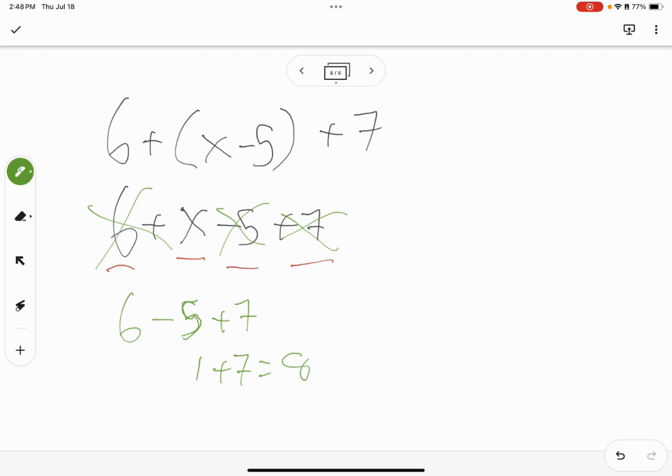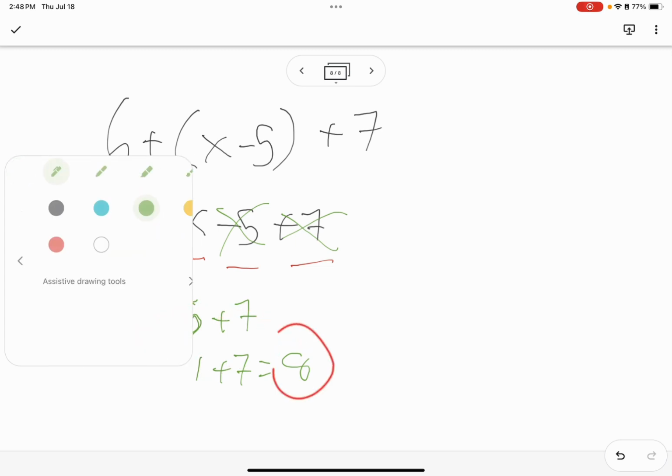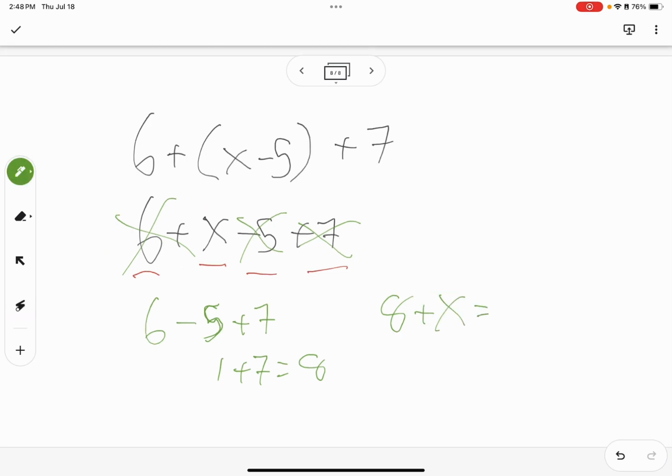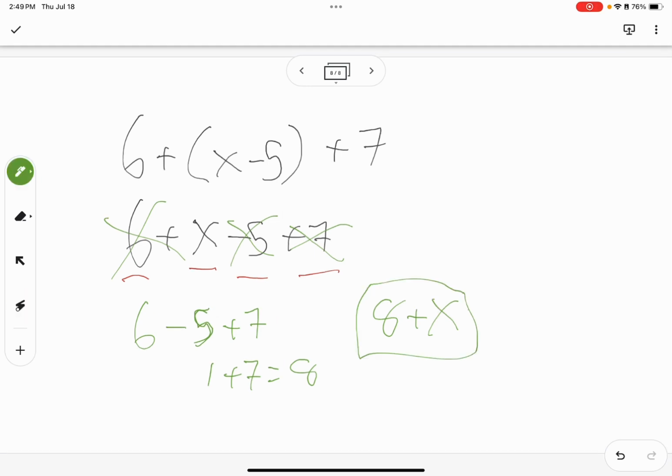So all of this here becomes 8. And now we can bring down this positive x. And that's as far as we go. 8 plus x.